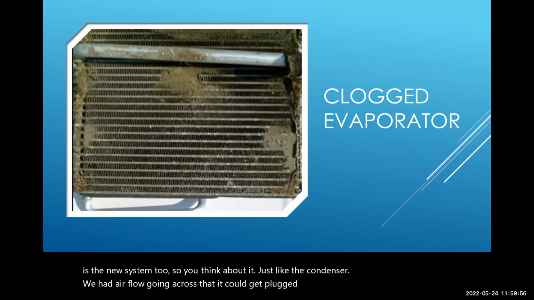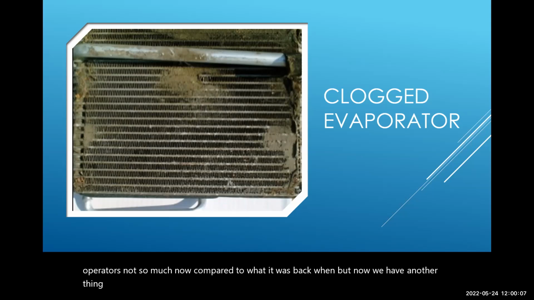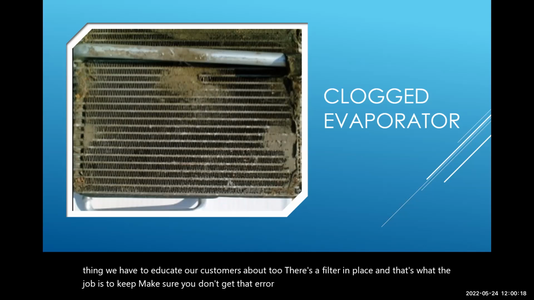Same thing with the older evaporators. Not so much now compared to what it was back when, but now we have another thing we have to educate our customers about too. There's a filter in place, and that's its job, to make sure you don't get that dirty air inside the passenger compartment.